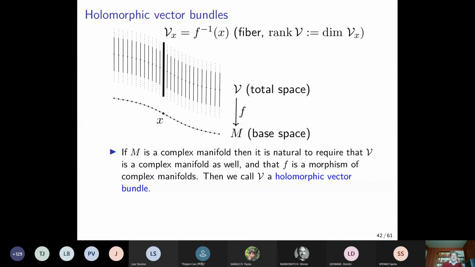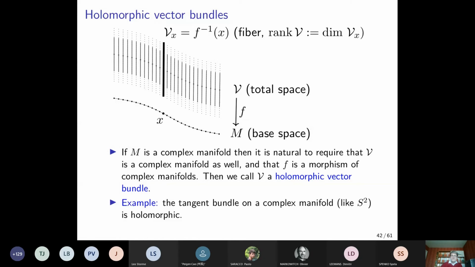And if we have this, then we call V a holomorphic vector bundle. For example, if we start with a complex manifold and take its tangent bundle, then the tangent bundle is always holomorphic. So actually the tangent bundle to the sphere also has a holomorphic structure.